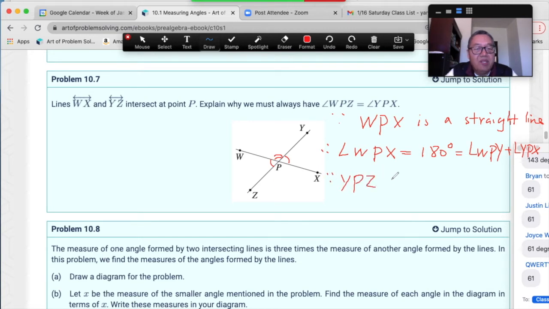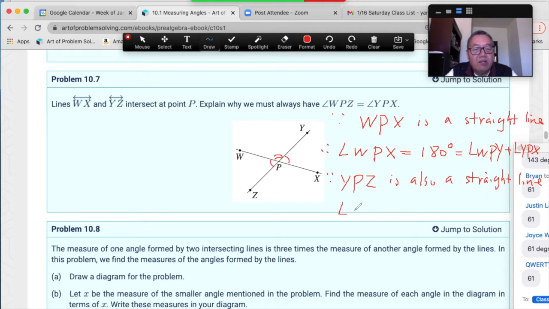Because YPZ is also a straight line. They tell us WX and YZ are two lines that intersect at P. So therefore, YPZ is also a straight line.